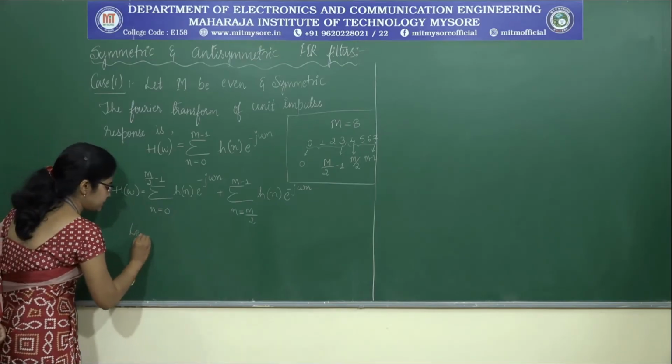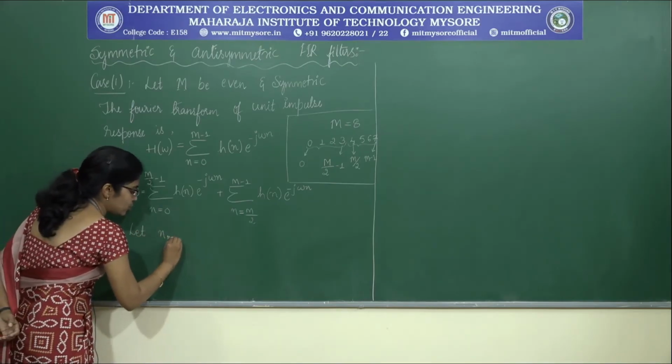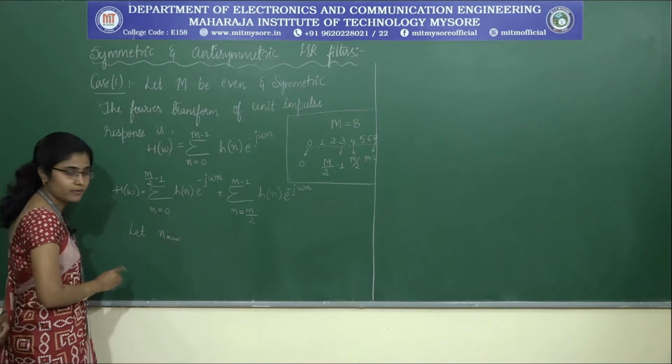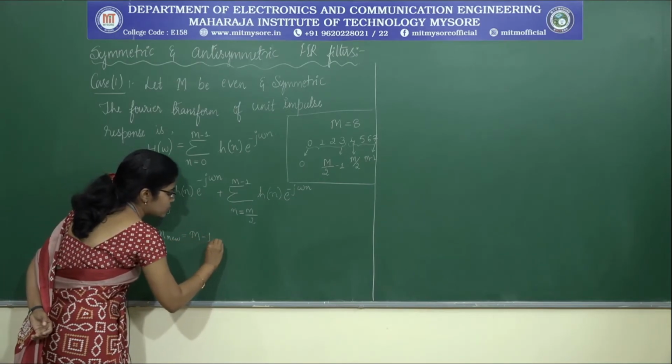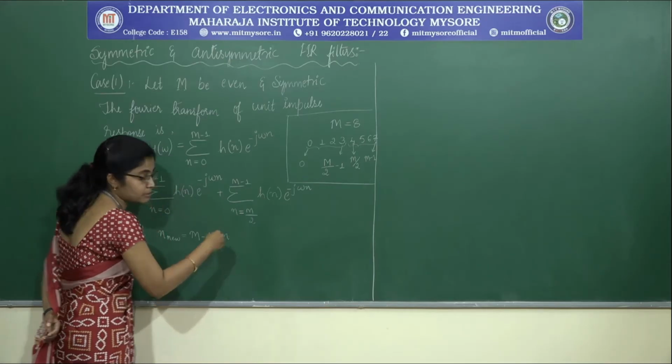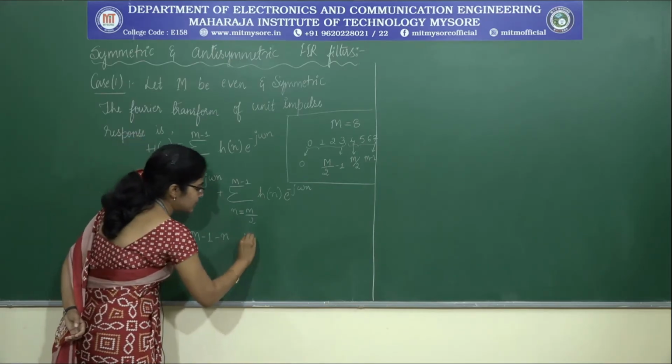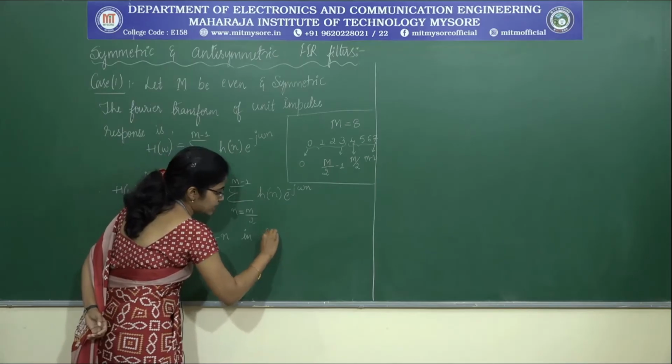So let, in order to avoid confusion, I will write the new value of n as nu be equal to m minus 1 minus n. This n is nothing but the old value in the second summation.